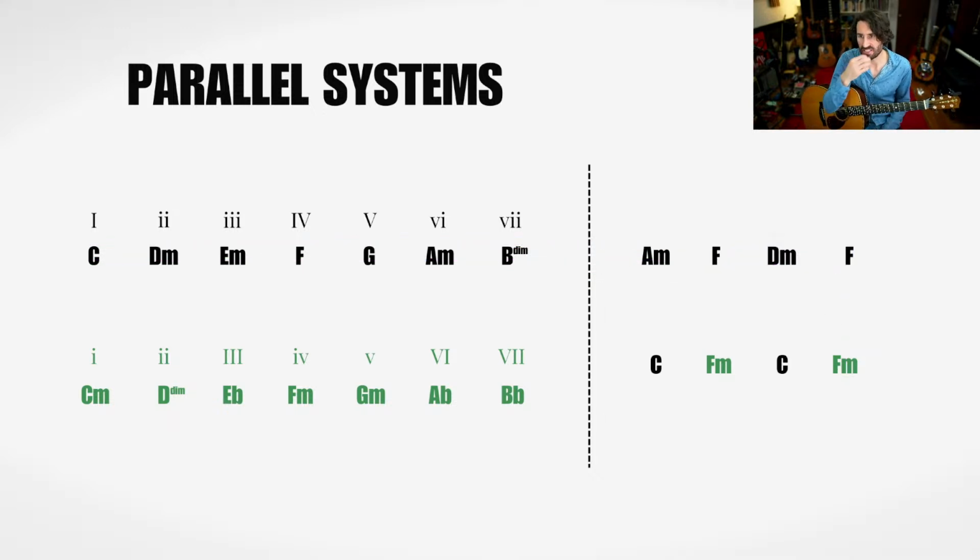So I would try and potentially avoid using the C chord, the home chord, the tonic chord in the verse. So my verse might sound like this. And then it's going to repeat to the F chord, to the D minor, to the F chord again.